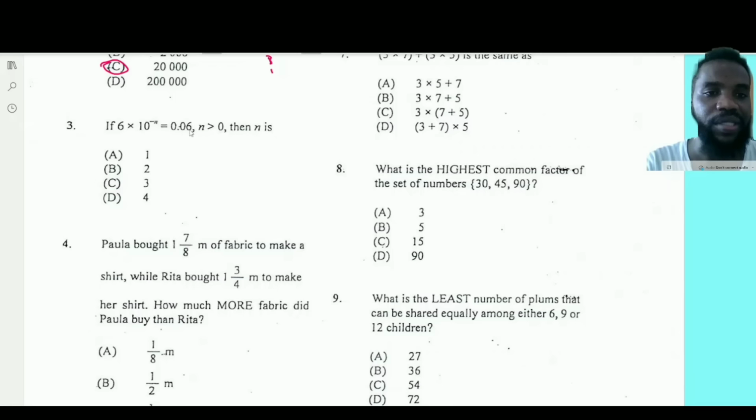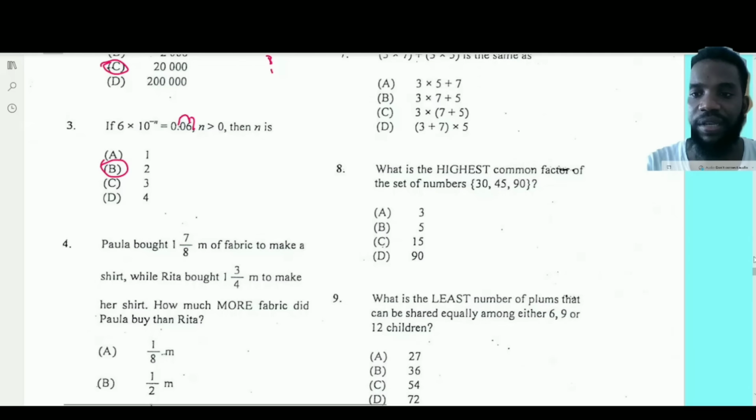So, in order to get back to 6, the point was originally here, and then you'd have to move 1, 2 places to the left to get where the point is. So it means that the n value must be 2. The minus sign is there already, so n is 2 because I'm moving 2 places to the left.